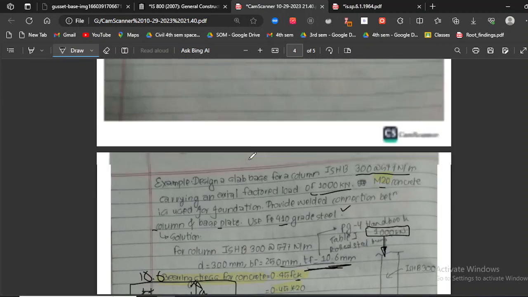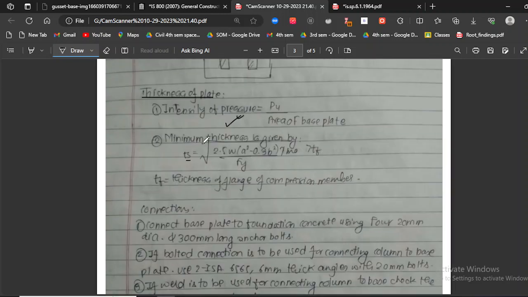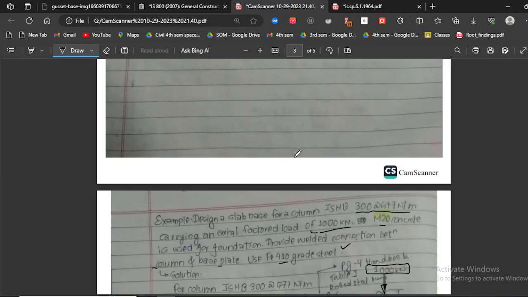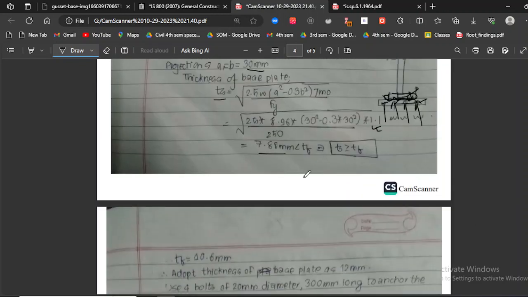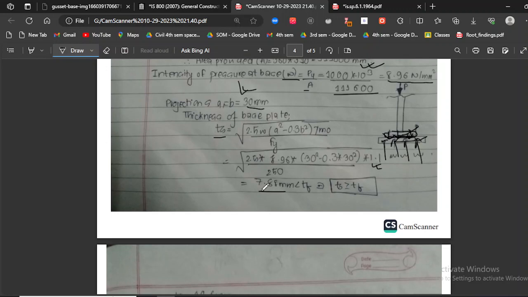But as you can see, as we have mentioned over here, the thickness of base plate must be greater than the thickness of flange of the compression member. We have the thickness of flange of compression member as 10.6 mm, but we found the thickness of base plate as 7.8 mm. So 7.8 mm is less than 10.6 mm.